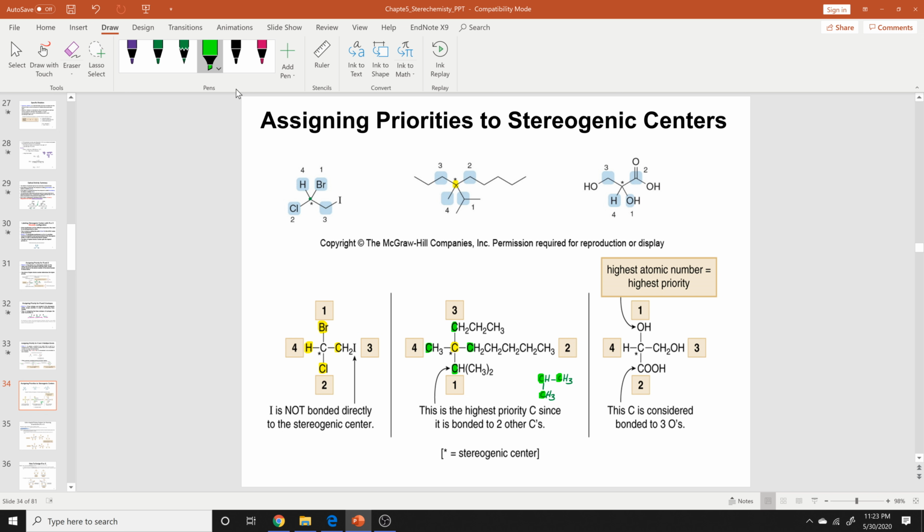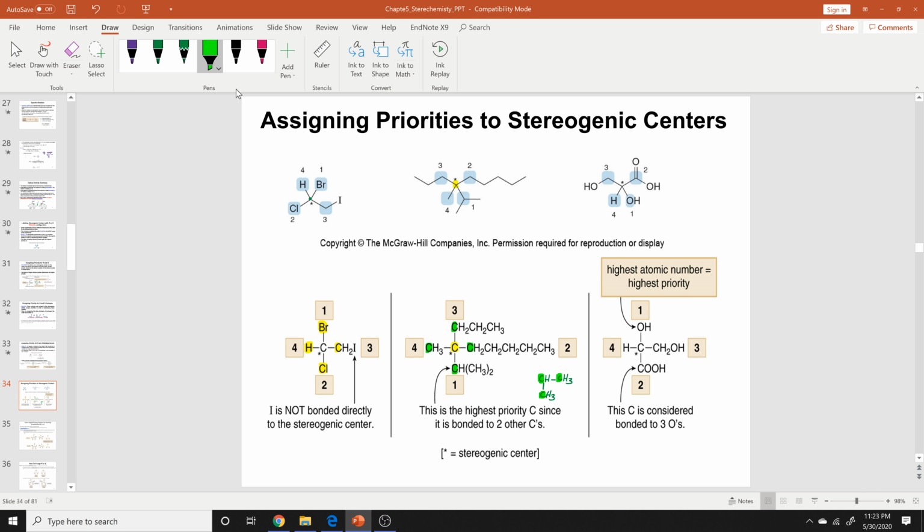So now here I'm having a tie. These two carbons are a tie with these two carbons. Go to the third carbon. This is a CH3. This is a CH2. Now this CH2 is connected to a carbon. This CH3 is connected to a hydrogen. So this is going to be your second priority. This is going to be your third. This is going to be your fourth.